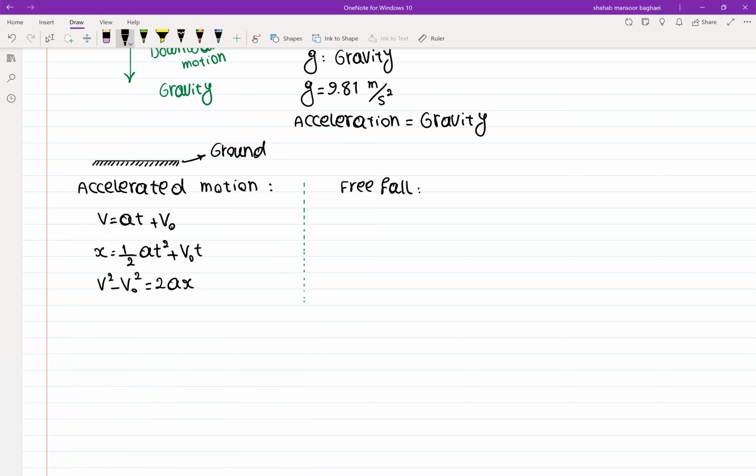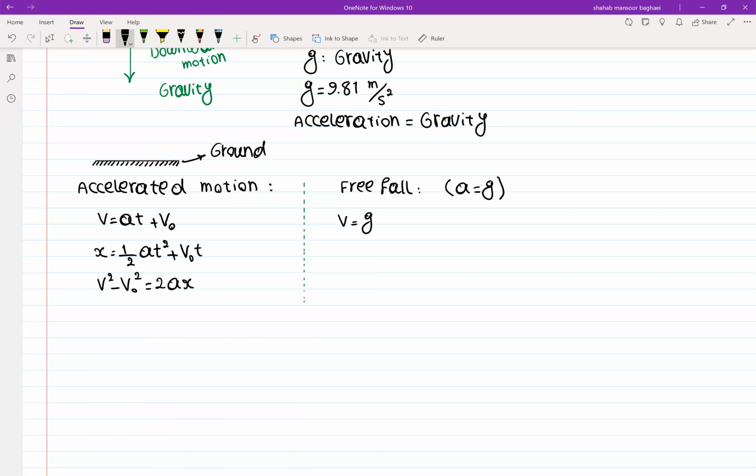For example, the first equation, of course, you have the equation here for free fall. But if you remember, I told you, instead of acceleration, you have gravity. It means a equals g here. You have always g. Therefore, instead of a, you should put g, gravity, and g is 9.81.